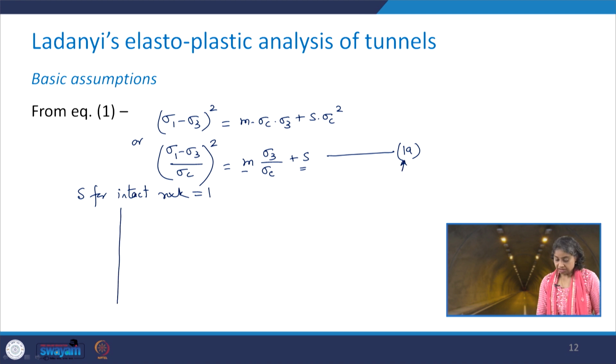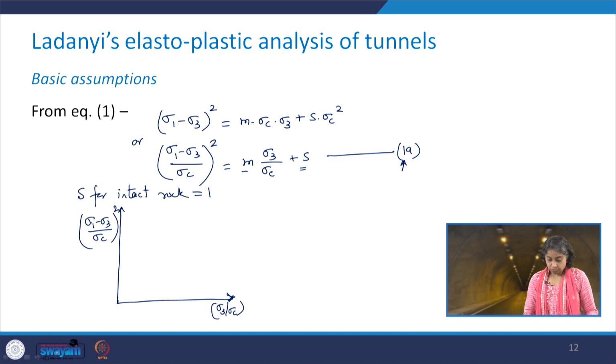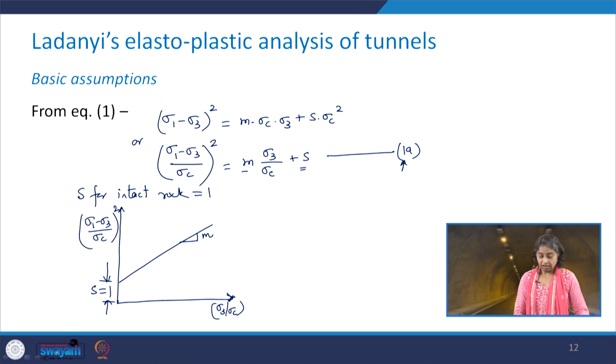If you plot the test data with sigma 3 upon sigma c on the x-axis and sigma 1 minus sigma 3 upon sigma c whole square on the y-axis, it is a y equal to mx plus c type of expression, where the intercept is s, that is equal to 1, and the slope is m. This is how we can determine the value of m.